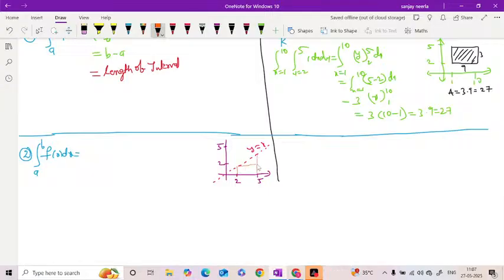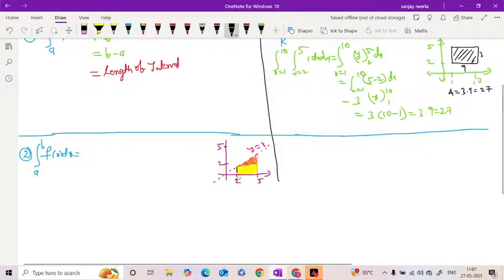Now I want to find the area of this region. What is the area of this region? Now geometrically, what is the answer? So we have two regions, one is the rectangular region, another one is the triangular region.